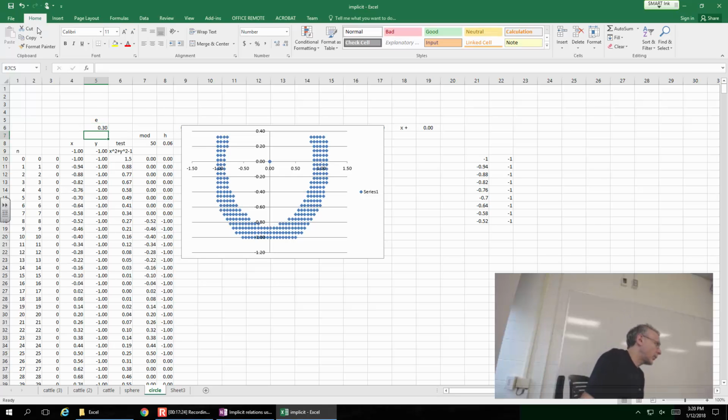Okay, too many points. It is not a curve. We know it's supposed to be a circle. Does it look like a circle? And if I pick the threshold too small, 0.02, what do I get? Too thin, and if I make it even smaller, then there will be nothing left.